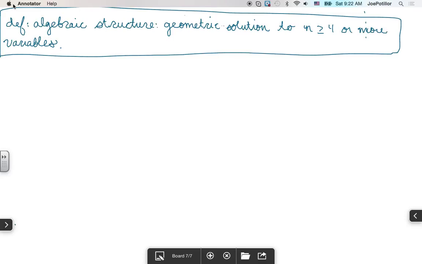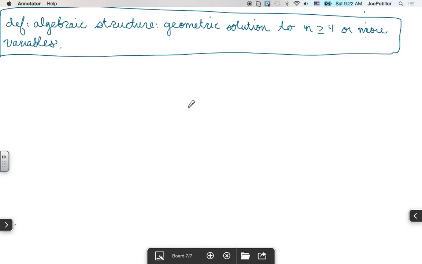N is 4 or more variables. Algebraic structure, you got it.